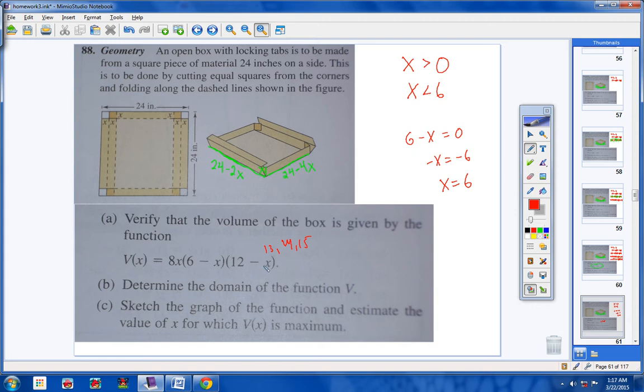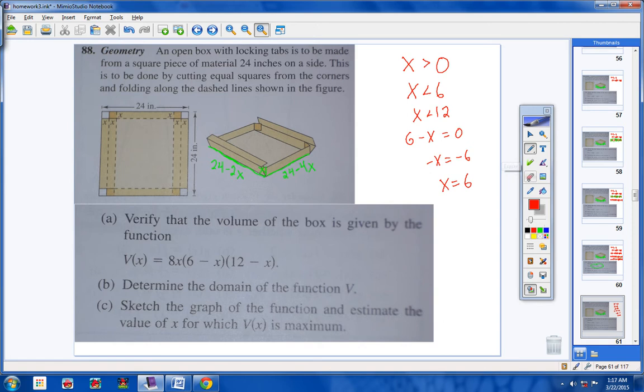And we can't have that. So with that in mind, x has to be less than 12, okay?